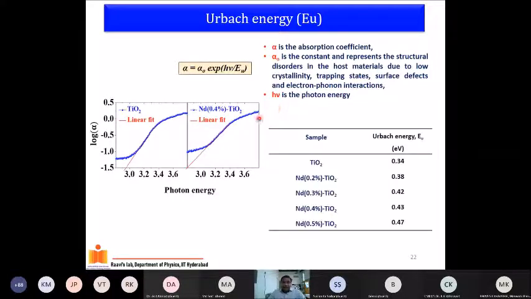When you fit the curve with this equation, you get E_U. You are fitting the exponential part of the curve, and you end up getting E_U, which is the Urbach energy, and you see that this Urbach energy is increasing with increased doping.